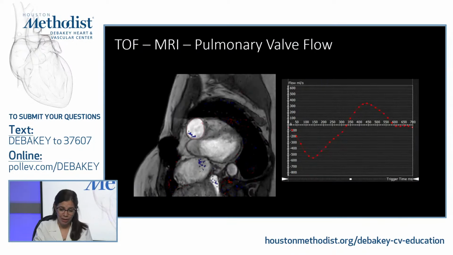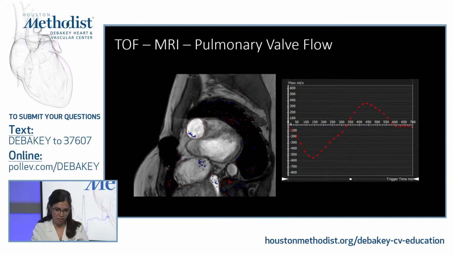Okay, so in adult patients, MRI has become a very important tool because we need to make an accurate assessment. And speaking of the pulmonary valve, MRI allows us to evaluate the flow across the pulmonary valve very accurately.